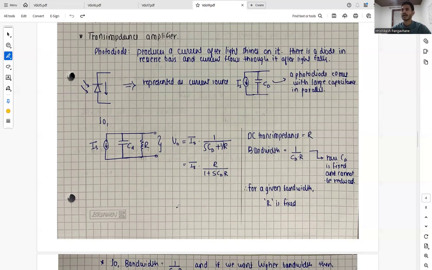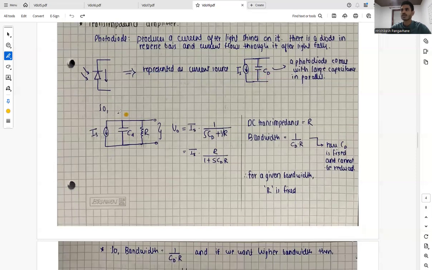It is a diode in reverse bias, and the current flows through it when the light falls on it. It is represented as a current source in parallel with a fixed capacitance CD, and it always comes with a large capacitance in parallel. So we have our photodiode, and this is our current source.